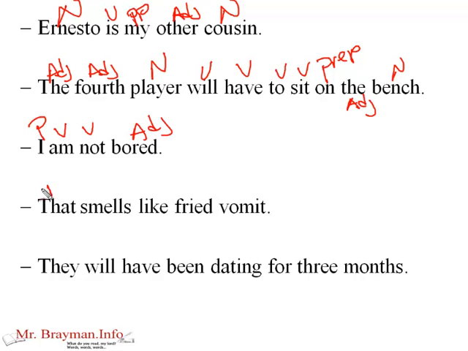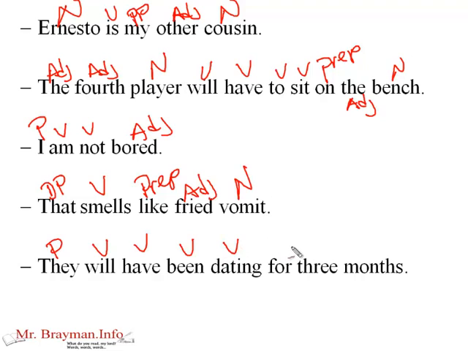Right. Here's a demonstrative pronoun. This is a linking verb. In this case, it's like a preposition. Vomit is a noun. Yeah, fried vomit. That smells like fried vomit. Here's a personal pronoun. Auxiliary verb. Main verb is form of the verb to be.